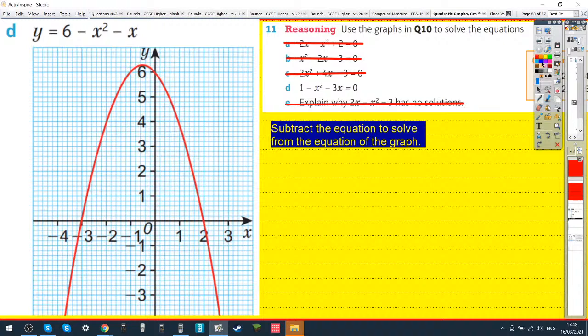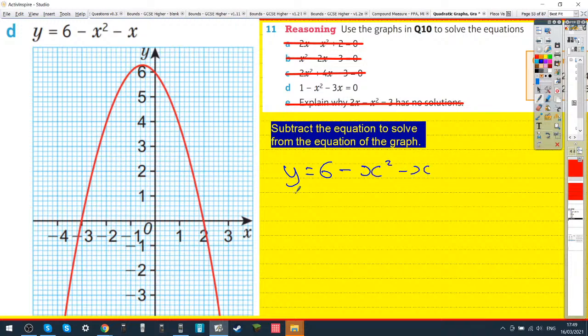So, what's the equation of the graph? The equation of the graph would be y equals 6 minus x squared minus x.